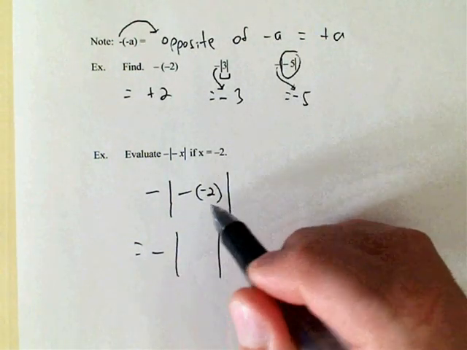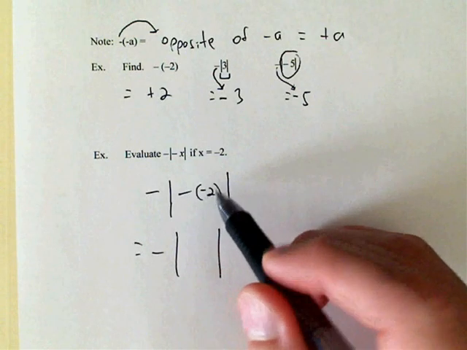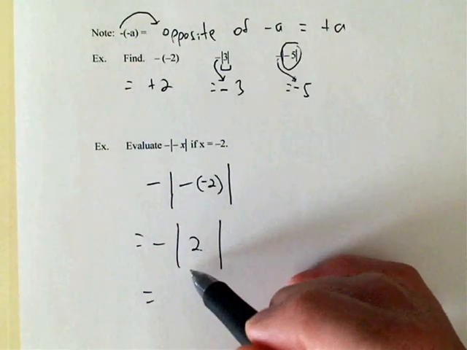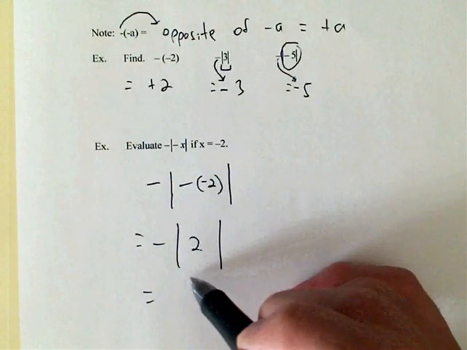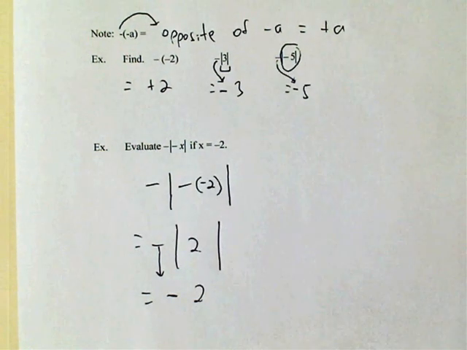What's the opposite of a negative 2? Or what's a negative times a negative 2? And you would say positive 2. Now we've got to do the absolute value. Absolute value of 2 is 2, and this negative sign comes down. Do all the work involving the absolute value bars first, and then you do anything on the outside. Just keep that in mind.